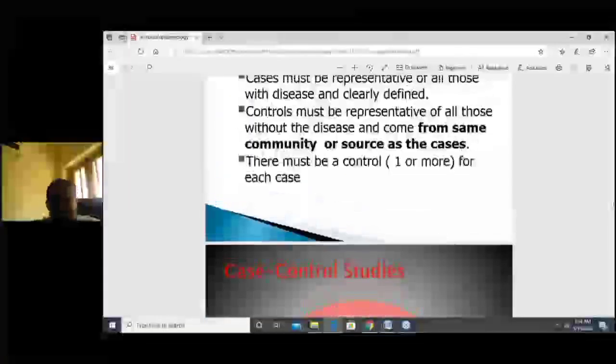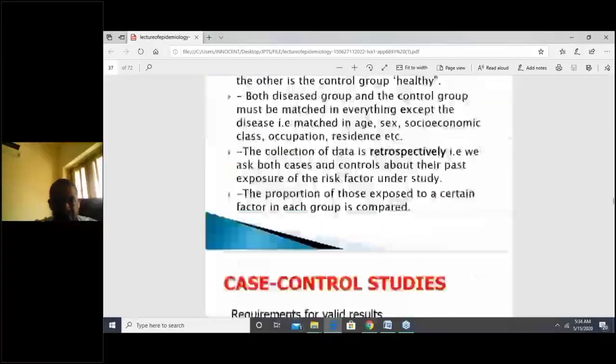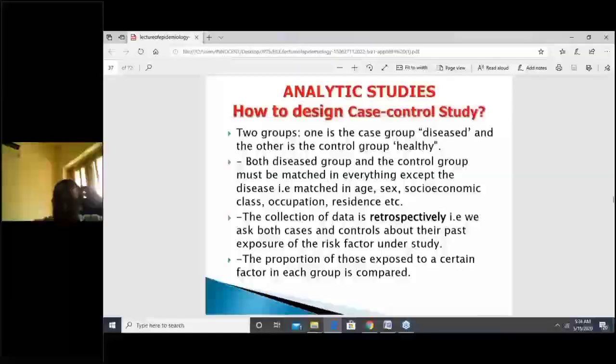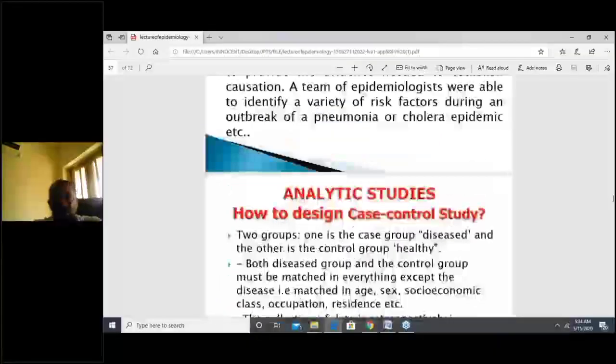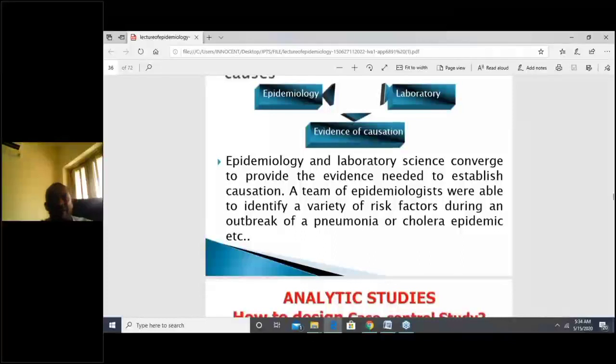So we're going to take examples. We are going to do practical now. We are going to do practical of how to design this. So we say a team of epidemiologists, we are able to identify a variety of risk factors during an outbreak of a pneumonia or cholera epidemic. So we are looking at analysis, okay?